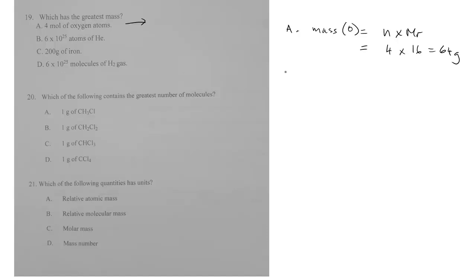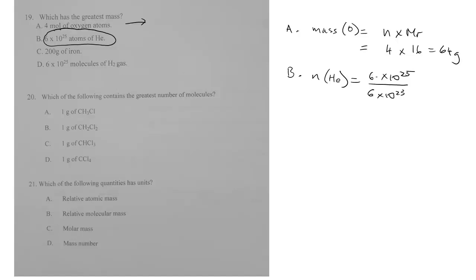Okay, option B tells us how many atoms of helium we have. So we need to first work out the mole of helium, which is the number divided by Avogadro's constant.